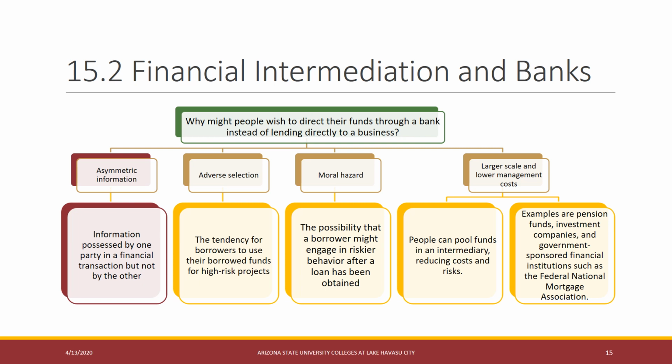For example, the business may intend to use the borrowed funds for projects with a high risk of failure, which would make the repayment of the loan very challenging. The potential for borrowers to use the borrowed funds in high-risk projects is known as adverse selection.